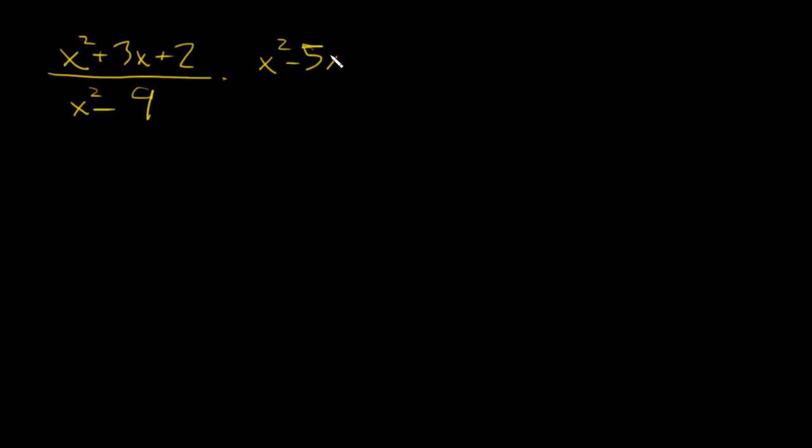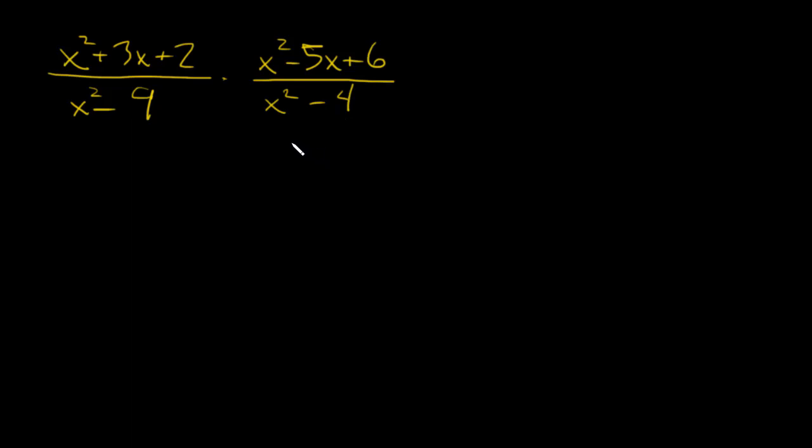Okay, so let's do some multiplying and dividing rational expressions. So let's start with something like x squared plus 3x plus 2 over x squared minus 9, and then times, let's do x squared minus 5x plus 6, and then over, let's try x squared minus 4.